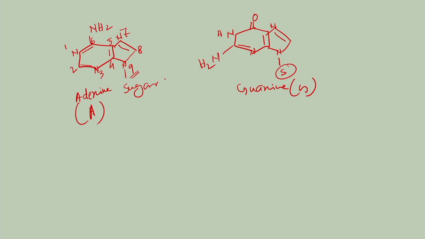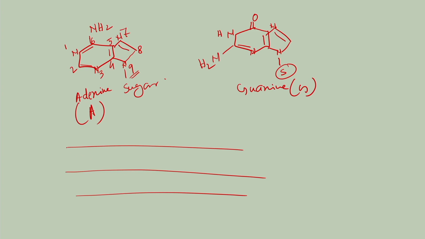Similarly, if you look at adenine and guanine, let us consider guanine first. Guanine has one N1 position here as well as N7 here, and this is attached to the sugar.